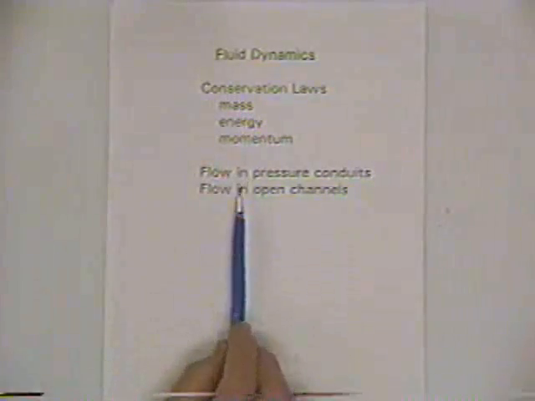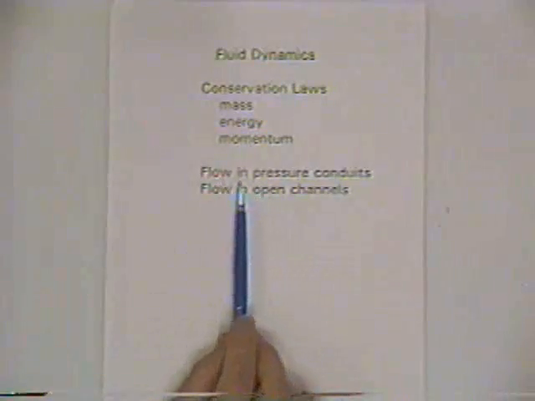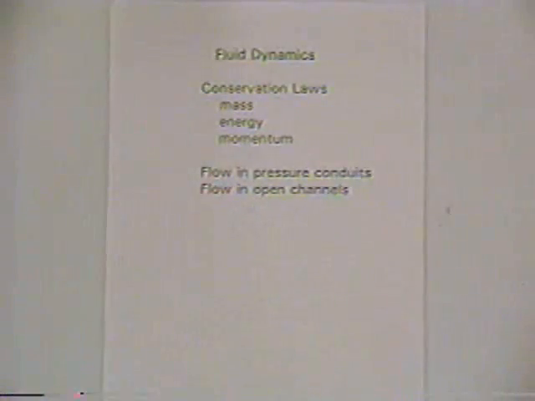And then we apply the basic concepts and applications, which could be categorized as flow in pressure conduits, and that means that we're dealing with pressures other than atmospheric pressure, or flow in open channels. Open channels means that there's a surface, if you've got a liquid, with a surface at atmospheric pressure. We'll focus primarily on flow in pressure conduits. There's one equation given in the reference manual, which we'll want to be sure to get to a little later as we go, that deals with open channels.